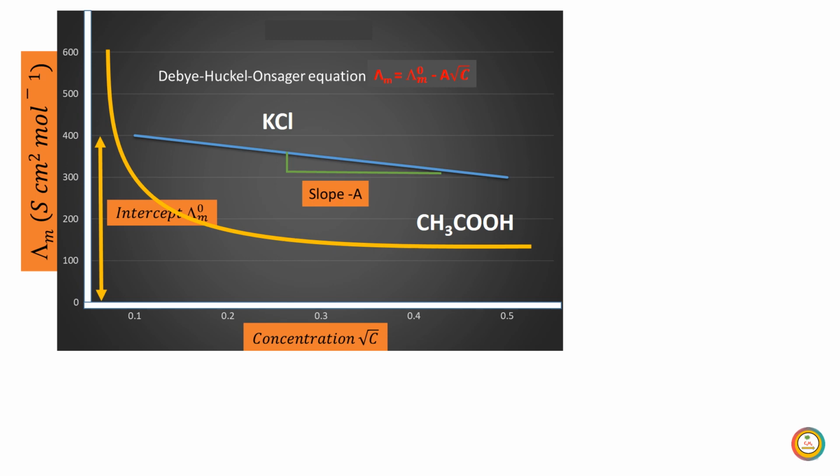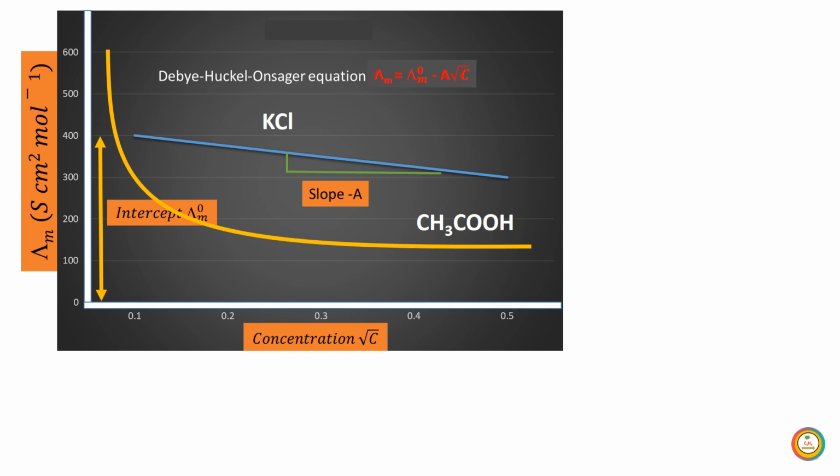If we want to know lambda m naught, meaning infinite dilution or zero concentration: practically, infinite dilution and zero concentration are not possible. But with the help of a graph, we can easily find the value of lambda m0 for any electrolyte.